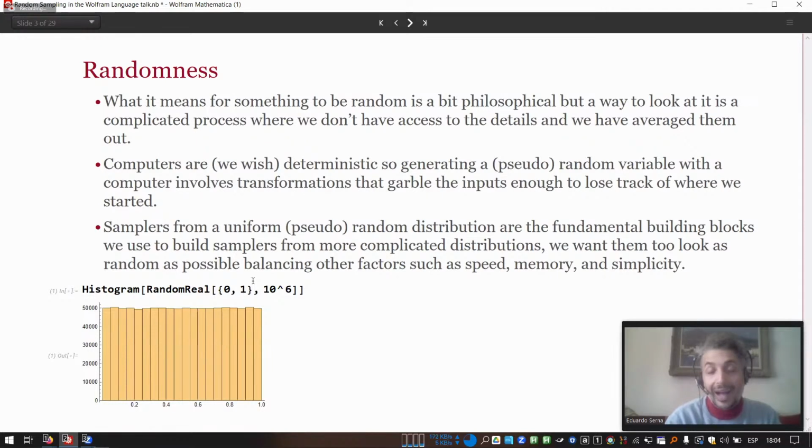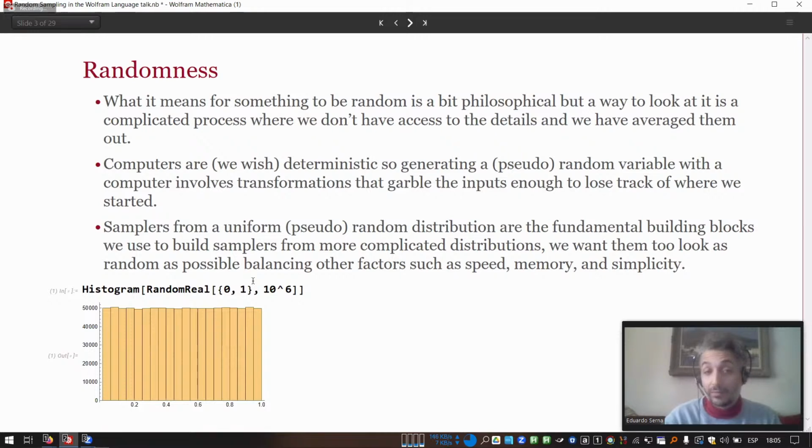From the point of view of those observables, we've averaged out, we've integrated out all of the internal state, and we just get something that looks random. Essentially, it's not intrinsically random. If we had access to everything, it wouldn't be random. We would be able to see exactly where everything comes from, but because we don't have access to all the internal details, it looks random.